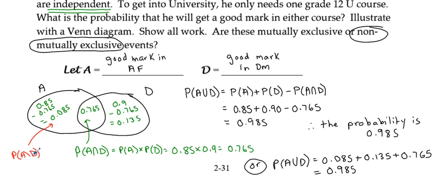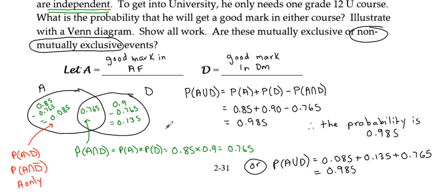That's a diagonal line and it slants downwards. So that's the probability of A but not D. Or you can write it as the probability of A and not D. And both of those just mean basically A only.